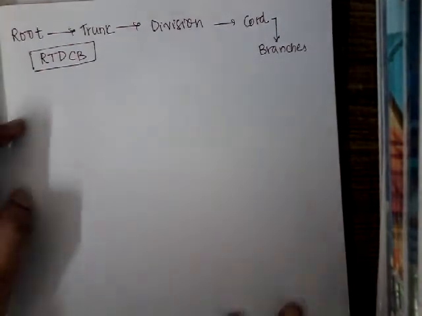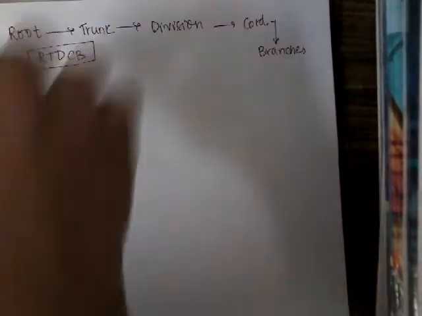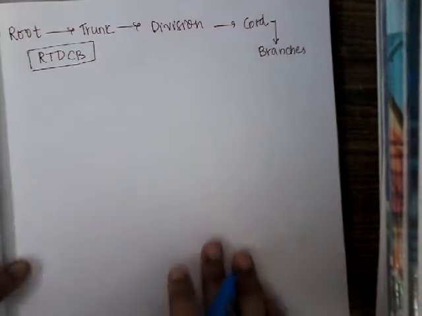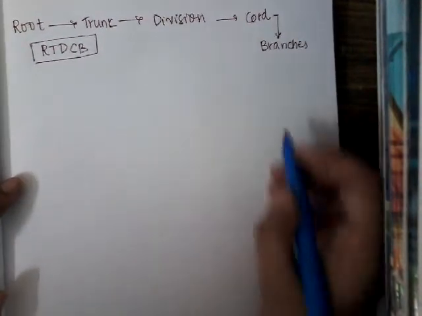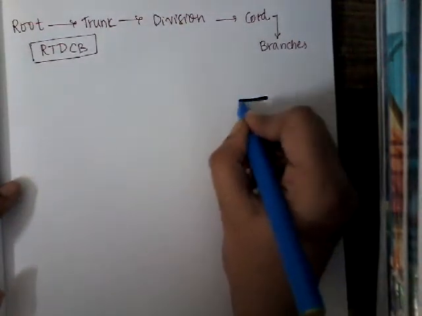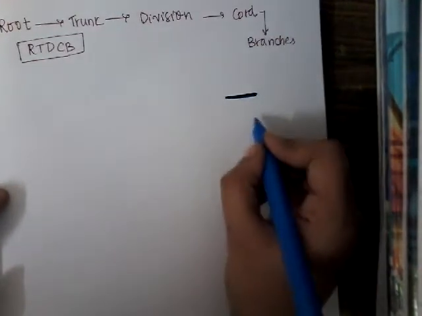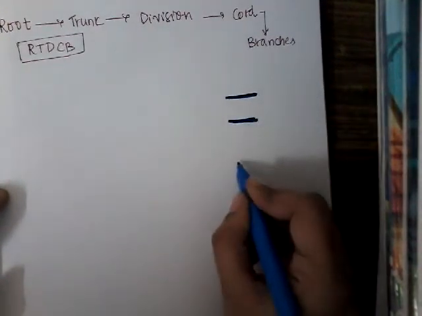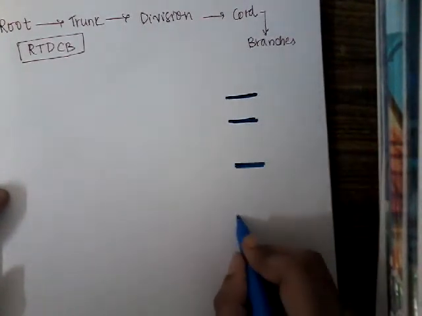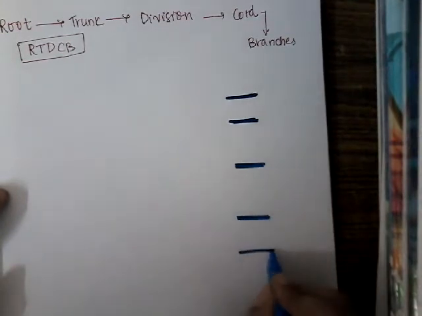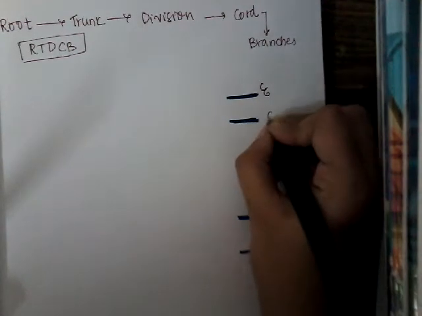Okay, so let me draw the diagram of everything so that it becomes easier for you. So this is C5, then C6, C7, C8 and T1.